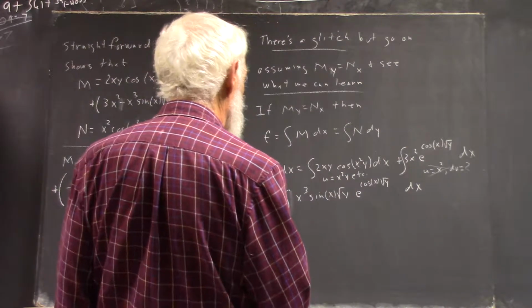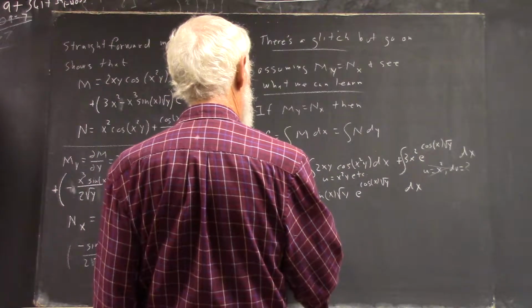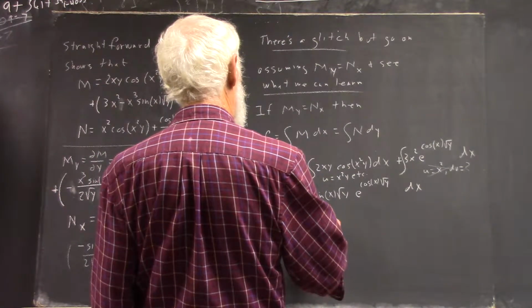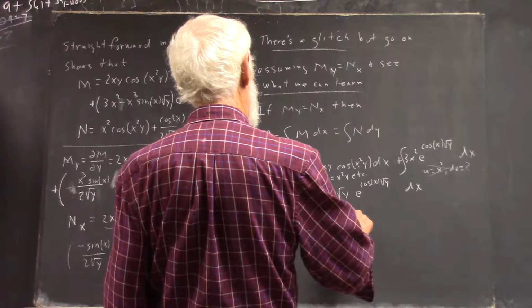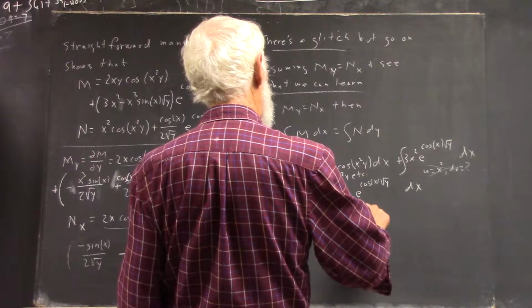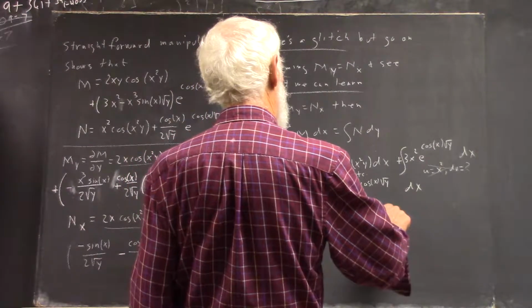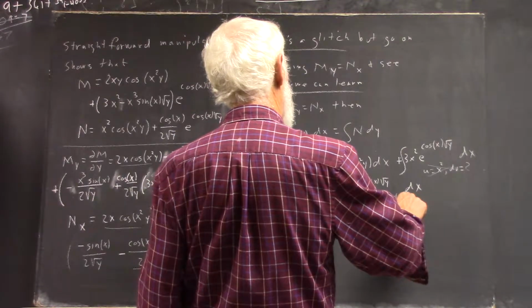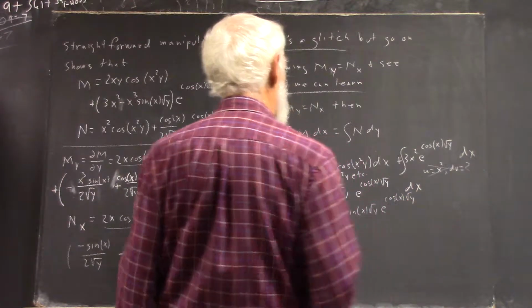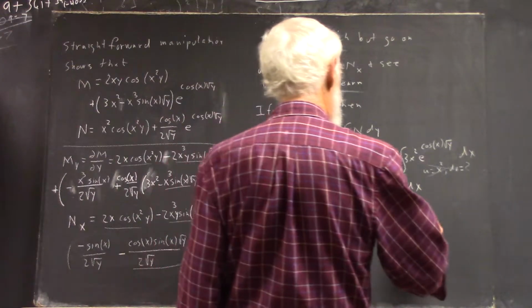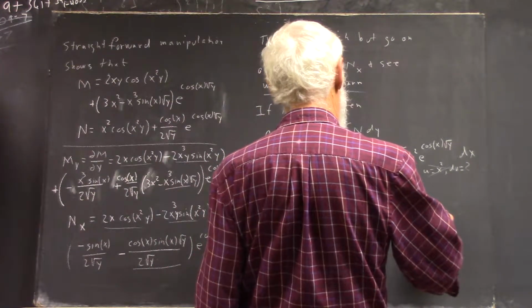Okay. Here, this one is a little easier. You're going to let u equal x cubed and dv equal sine of x square root of y e to the cosine of x square root of y dx.